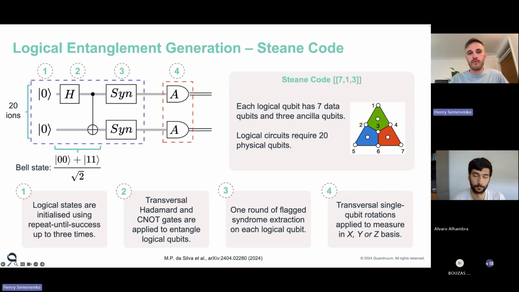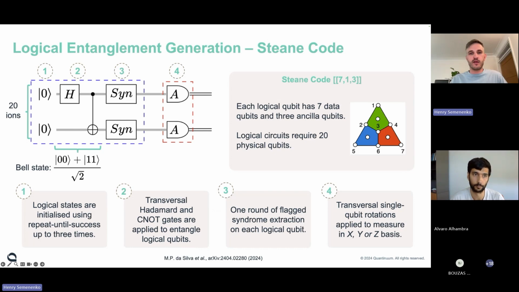And then we perform a single round of flagged syndrome extraction on each logical qubit individually. This will allow us to check whether there are any errors in this circuit, and if there are, then we are able to correct for that. And finally, in this red box, we are going to perform transversal gates to rotate the qubits into our desired measurement basis.